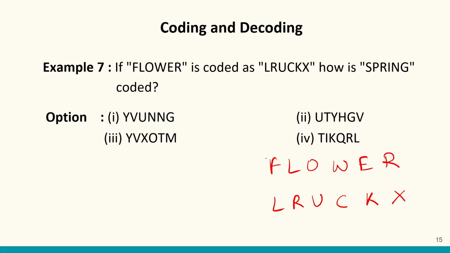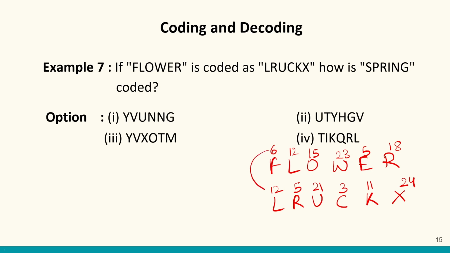Okay, so F is 6, L is 12, O is 15, W is how much? W is 23, E is 5 and R is 18. So L is coded as 12, R is coded as 18, U is coded as 21, C is coded as 3, K is coded as 11 and X is coded as 24.